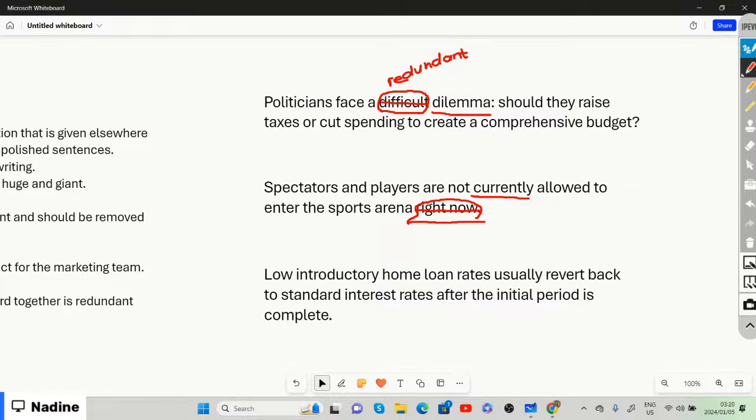Right now is a repeat of the word currently, which means that right now is our redundant, and we can remove it from the sentence. If we remove it, it's going to sound like, spectators and players are not currently allowed to enter the sports arena. Period. That is our sentence, and we removed the unnecessary repetition of words, which is right now.